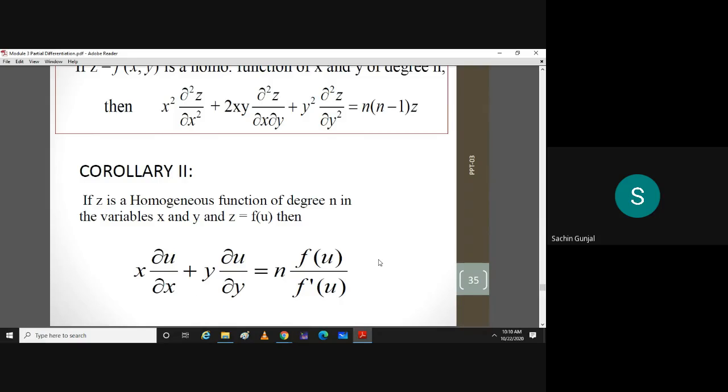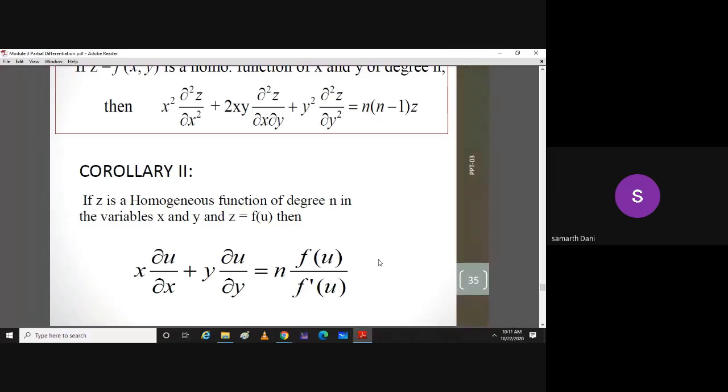I'll explain this with the same example which we are discussing. Have you copied? Can I explain one example? Okay.